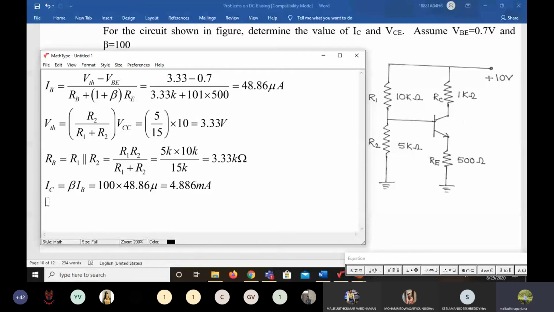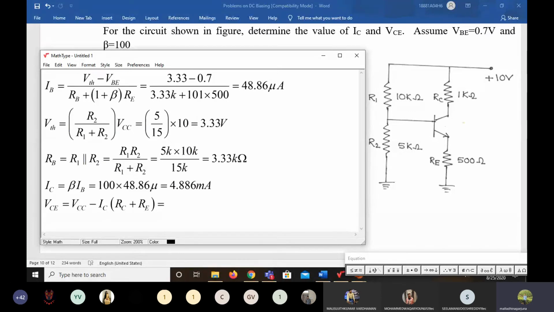Next, coming to the VCE, apply the KVL to the outer loop, and you will get VCC minus IC into RC, minus IE into RE actually.